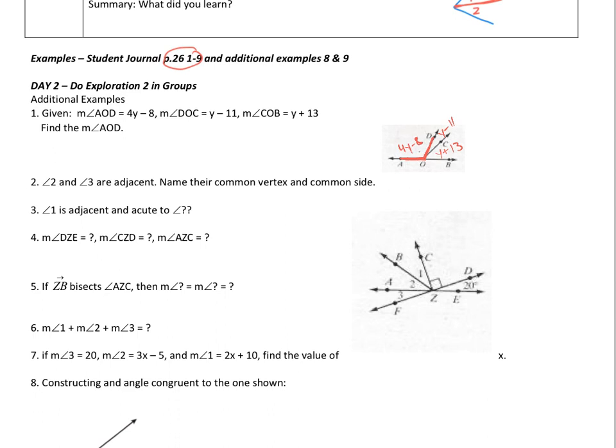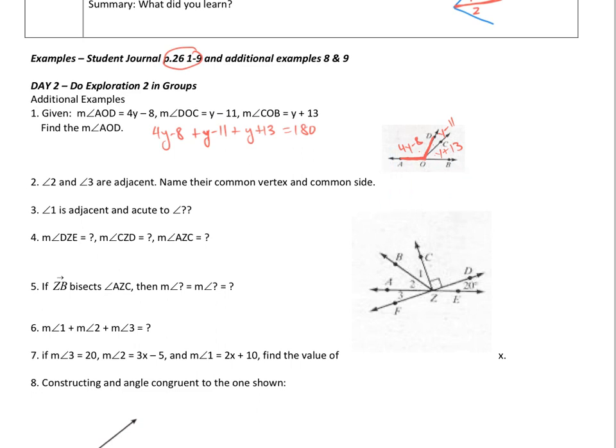So if I add these three angles, the 4y minus 8, plus the y minus 11, plus the y plus 13, I should get a total of 180, because 180 is my straight angle.